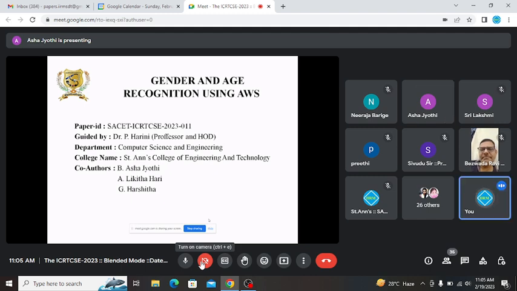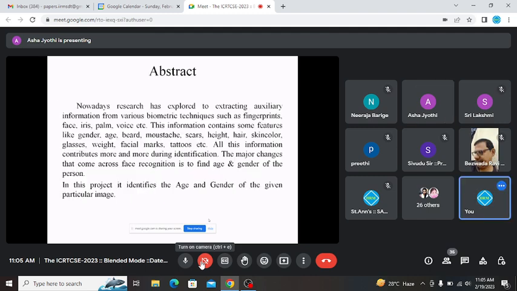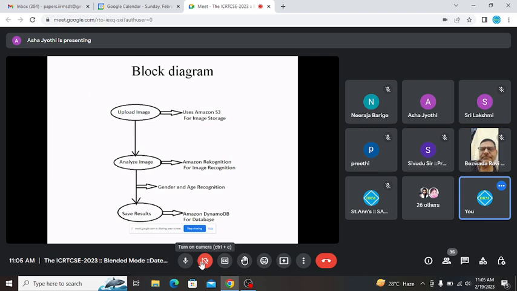Come to the block diagram. Upload image, analyze image, and save results.